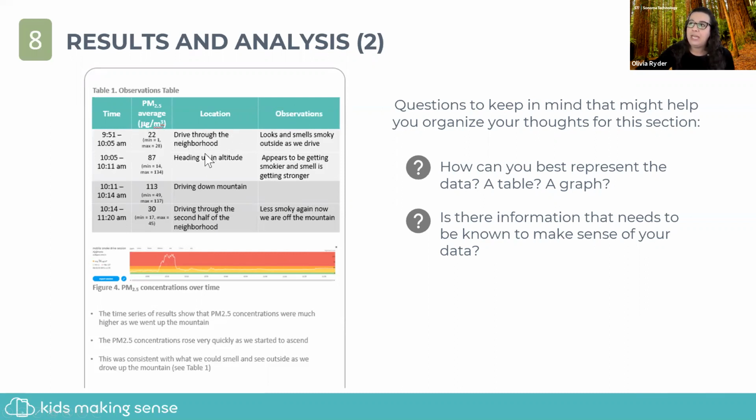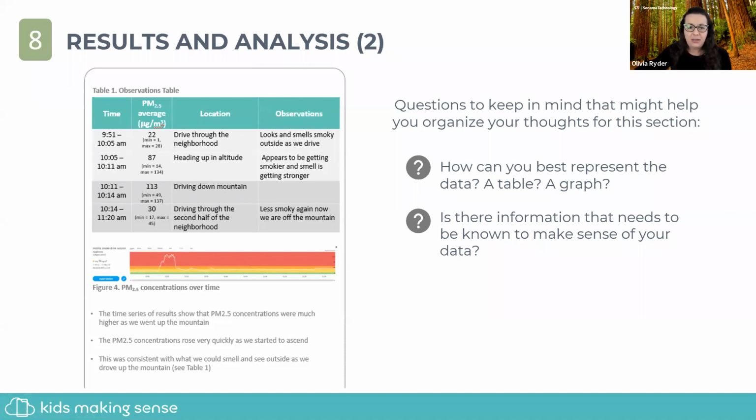They've added location so that they can compare, okay, I was in the neighborhood versus I was driving up the mountain. What is the difference in the concentration? But then they've also included this observation column. So, looks and smells smoky outside, gets smokier, smell getting stronger, things like this. So adding in these additional pieces of information can help corroborate the numbers that they're seeing.